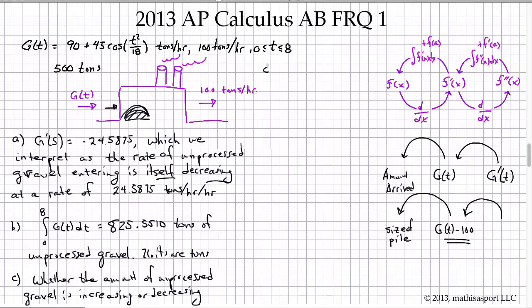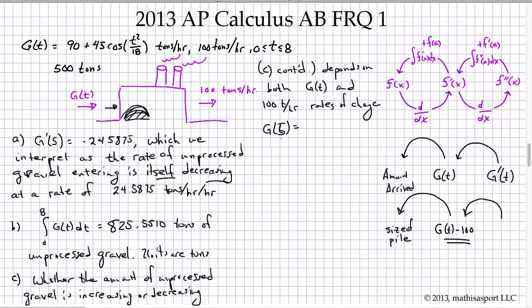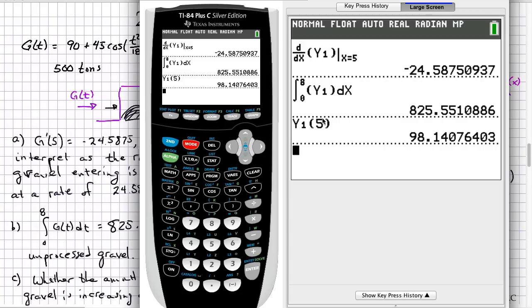I'm just going to continue up here. It depends on both g of t and the 100 tons per hour rates of change. g of 5 equals, again I've done that calculation, 98.1407 tons per hour.